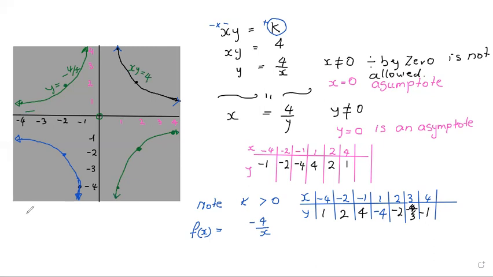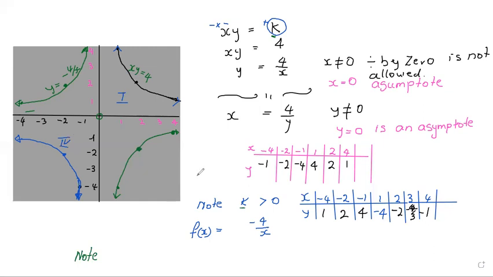Note, when k is positive, the graph is found in the first quadrant and the third quadrant.